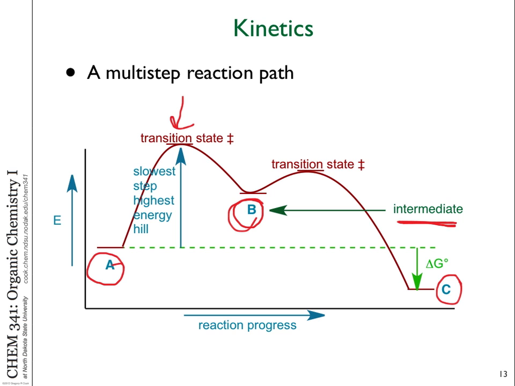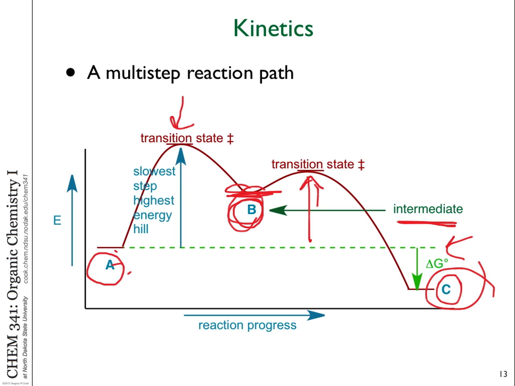And notice in this case, a two-step reaction, you're going to have sort of two hills to climb. You have to go from A to B first. B happens to be higher in energy than A. But overall, we're going down to C, which for the purpose of this example is also a negative delta G. Now, with two hills and two maximum energies, you have to think about the comparison.